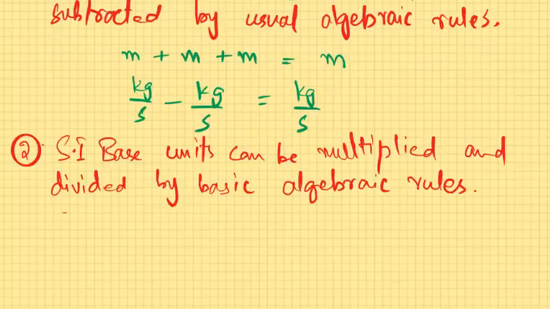The second important point is that the SI base units can be multiplied and divided by basic algebraic rules. For example, if I multiply meters with meters, the answer is meter square.